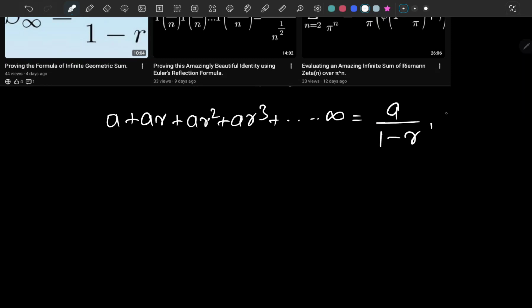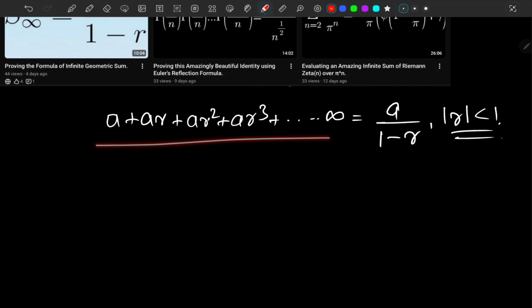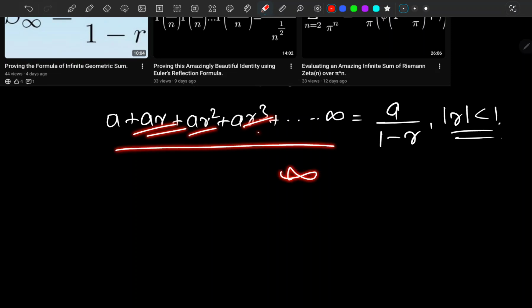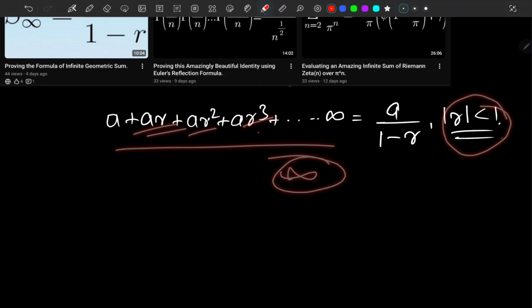The condition applied is that the absolute value of r should be less than 1, and that's when this equation would be convergent. When r is greater than 1, the value keeps increasing, so it's going to be divergent, going to infinity. So r should be less than 1.